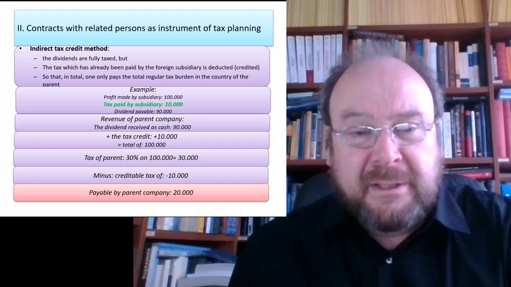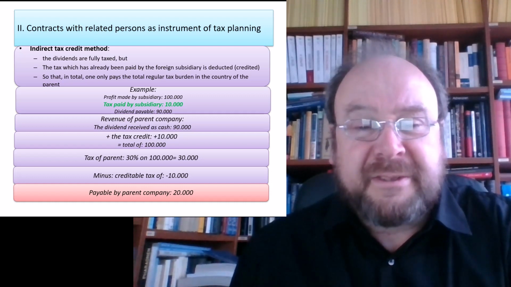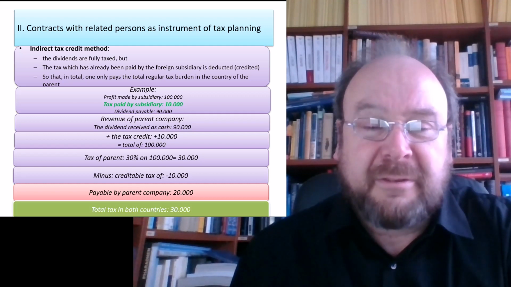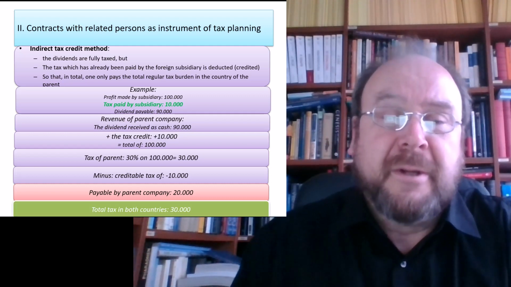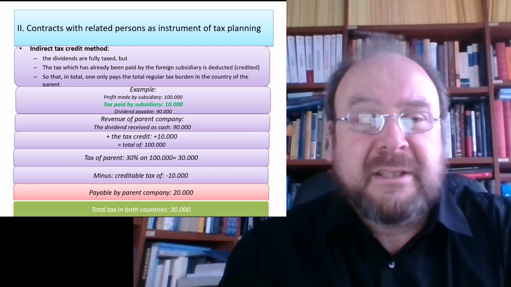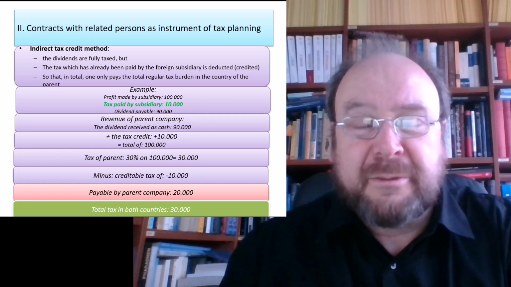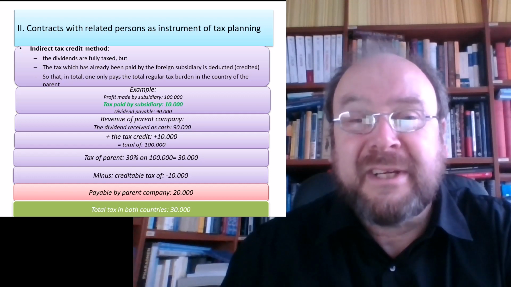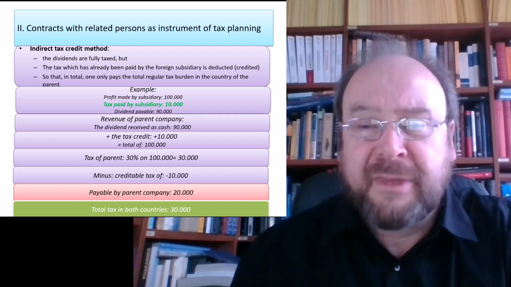And if you see the tax in the country of the subsidiary, 10, plus the additional tax on the parent level, it's 30,000. So when you have that indirect tax credit solution, in the end you end up with the regular 30% tax rate on the level of the parent.